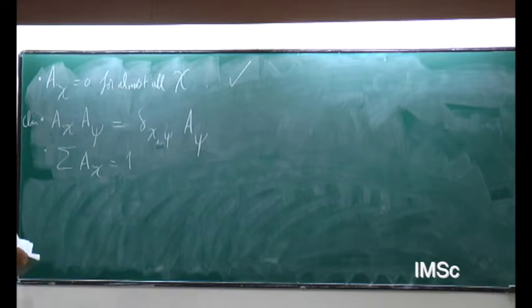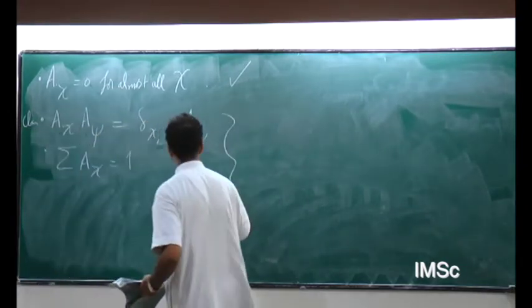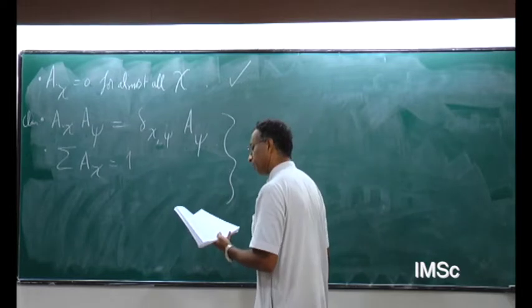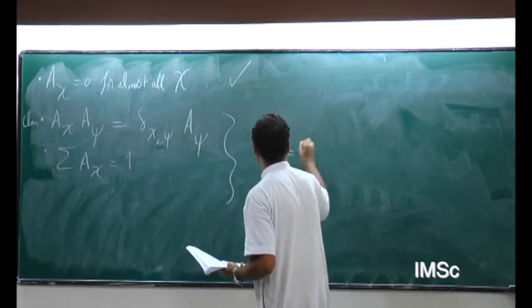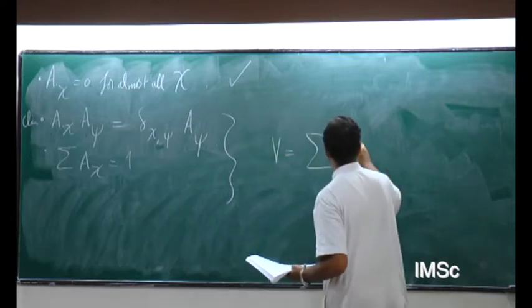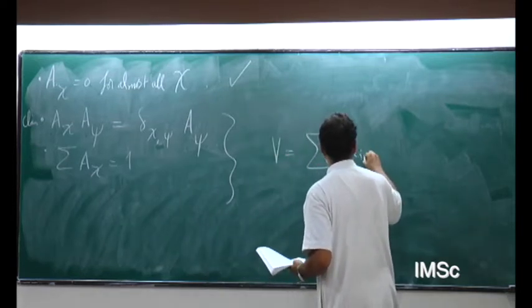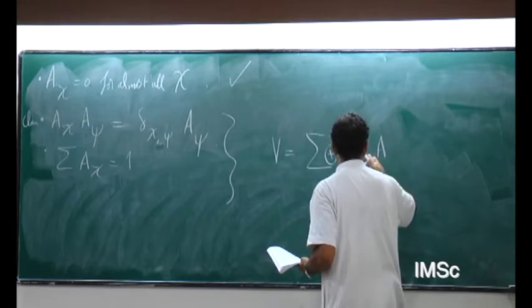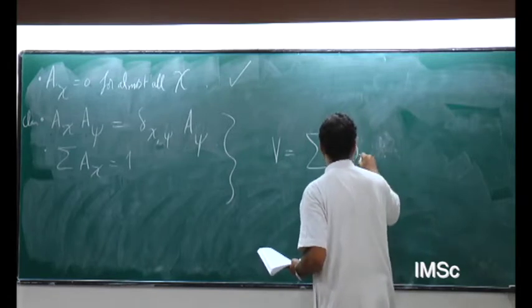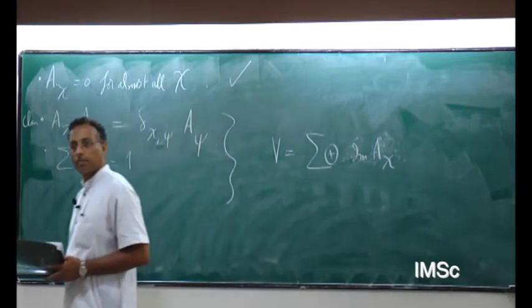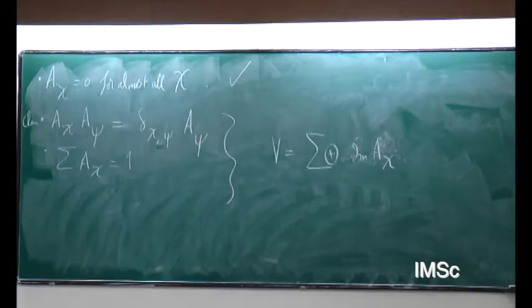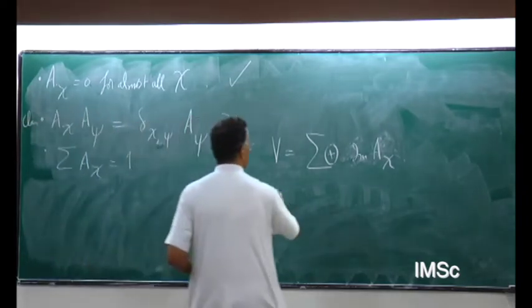So once the claims are proved, you will get that V is equal to the direct sum of the images of A chi.